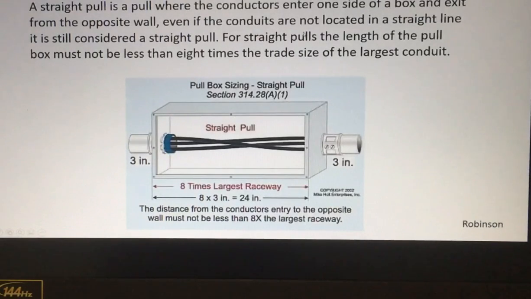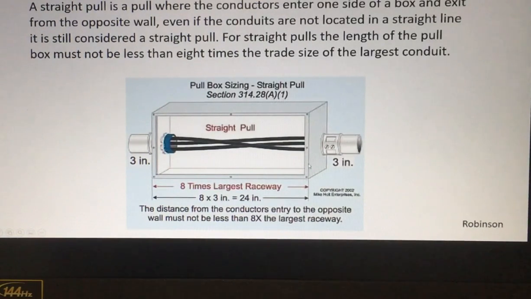Okay, so straight pull. It's simple. You take the largest size of the conduit and multiply it by 8, and that's how long the box has to be. Here we have a 3-inch conduit coming in with a straight pull. 8 times 3 is 24, so this box would have to be at least 24 inches in length.